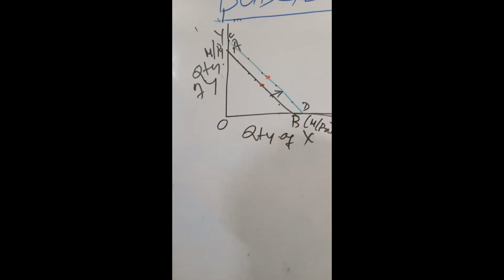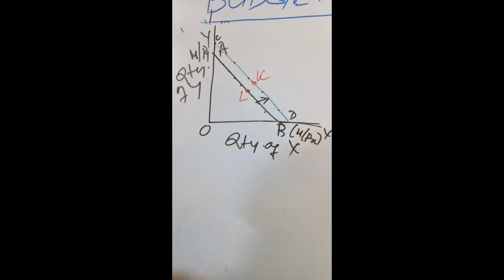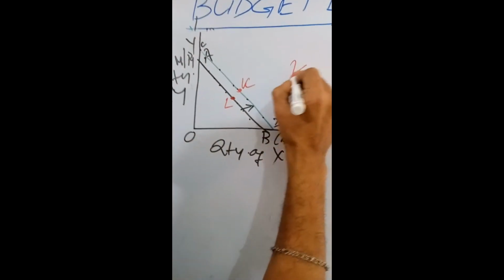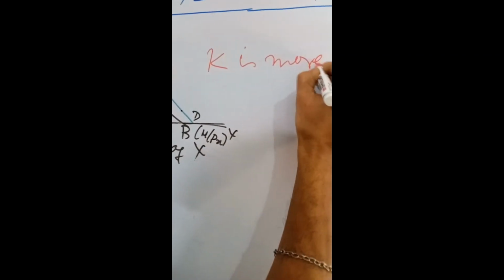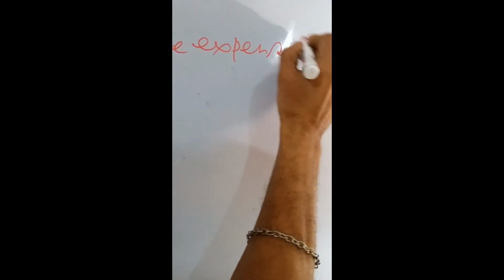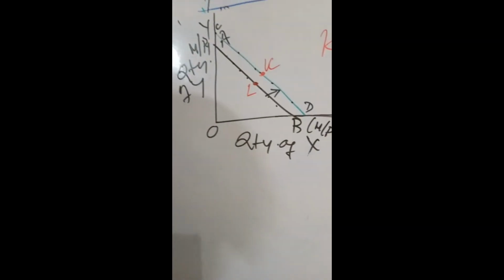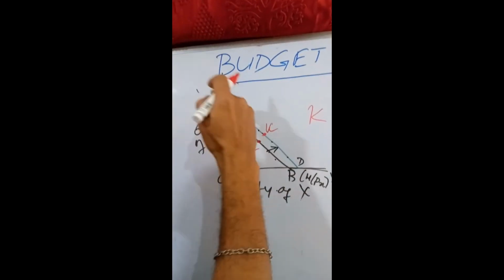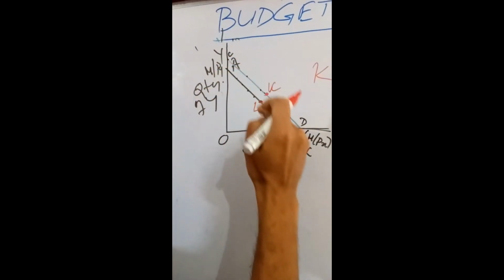That means if this is K and this is L, then K is more expensive than L.